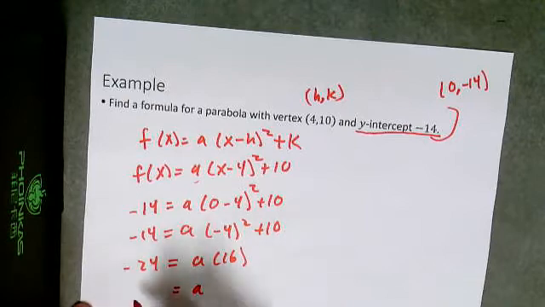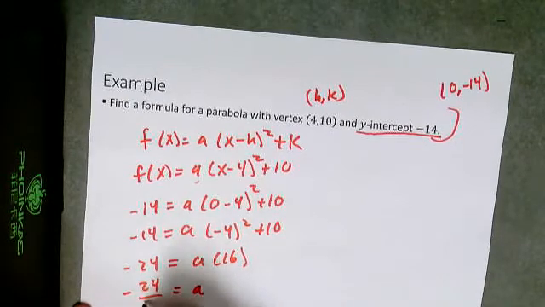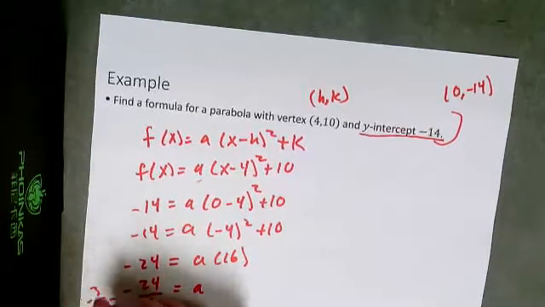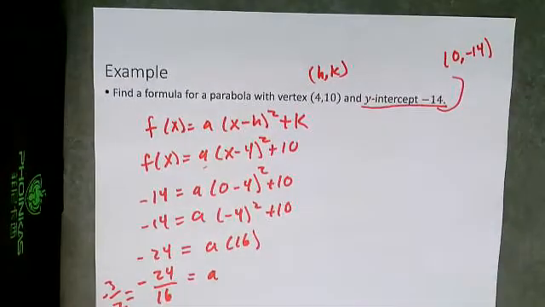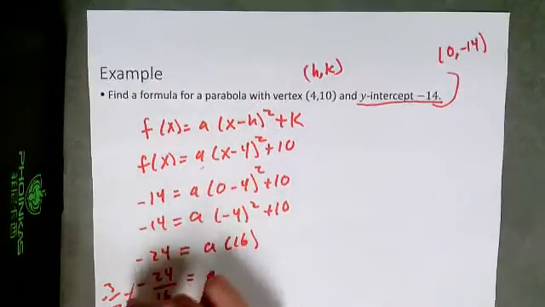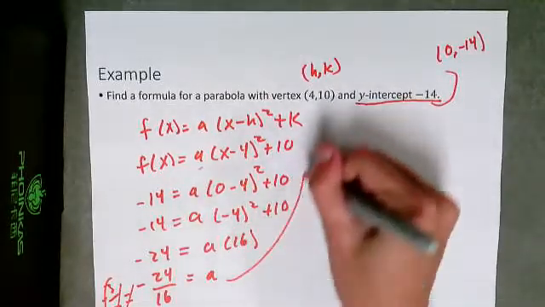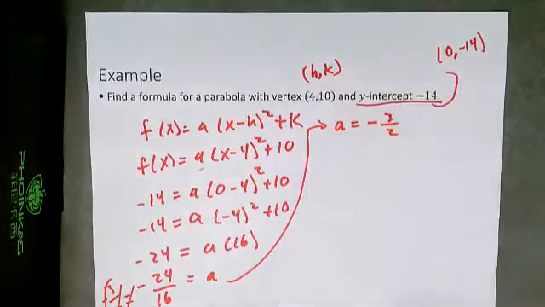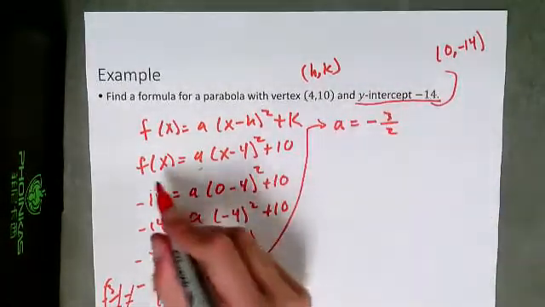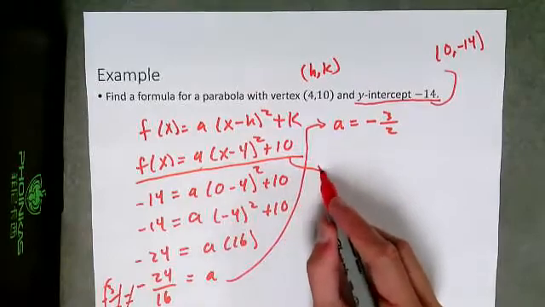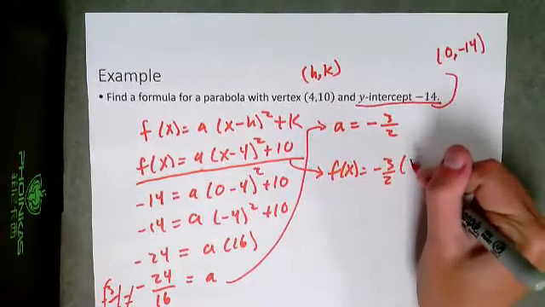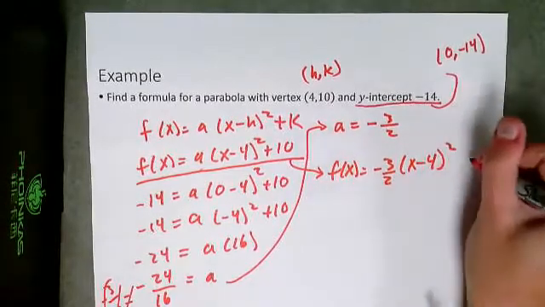So a is equal to -24 over 16, which is the same thing as -3/2. Hopefully you can see that. So a is equal to -3/2, and so f of x is equal to -3/2 times (x minus 4), quantity squared, plus 10.